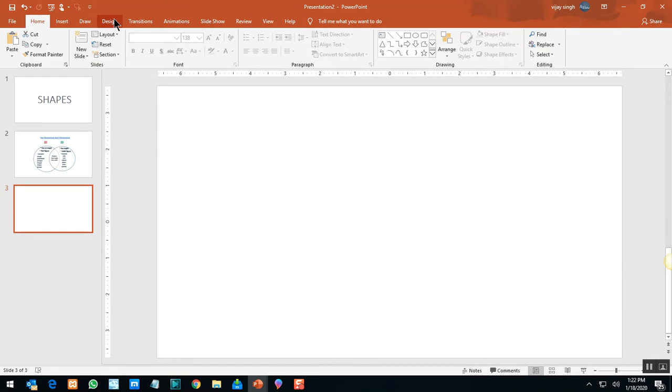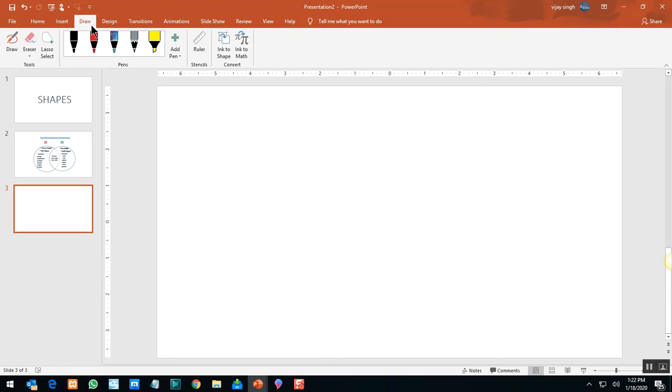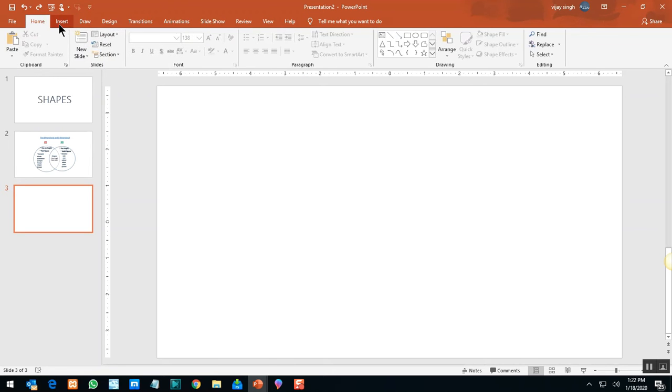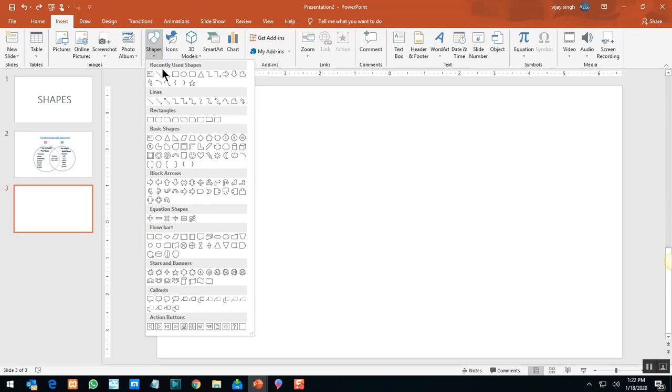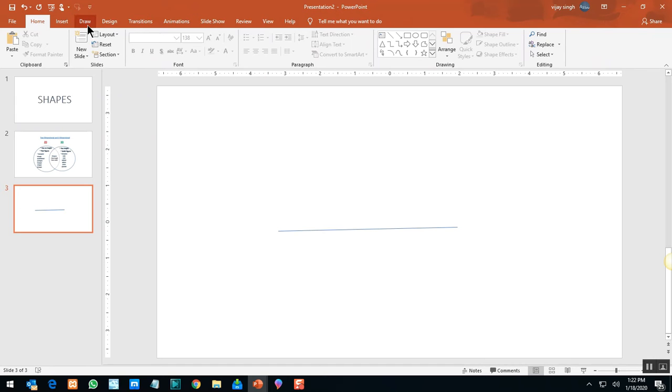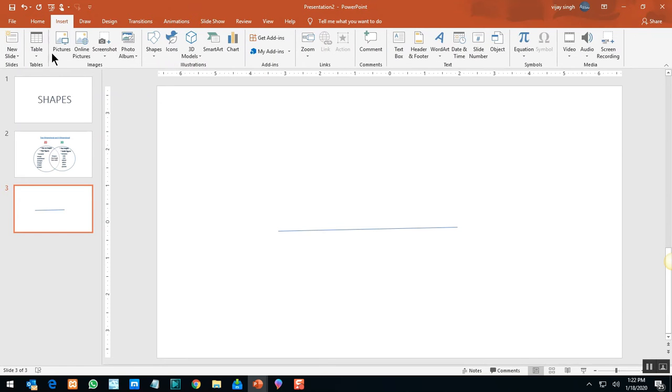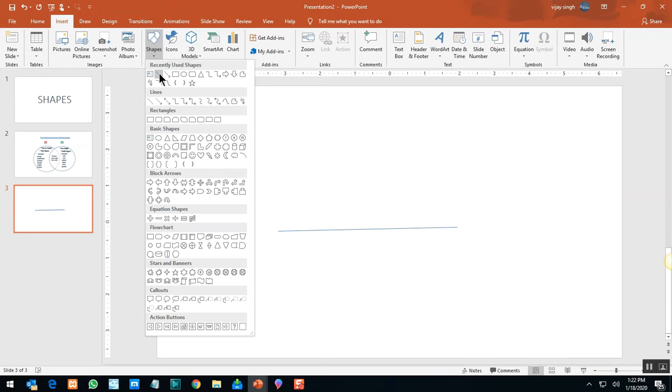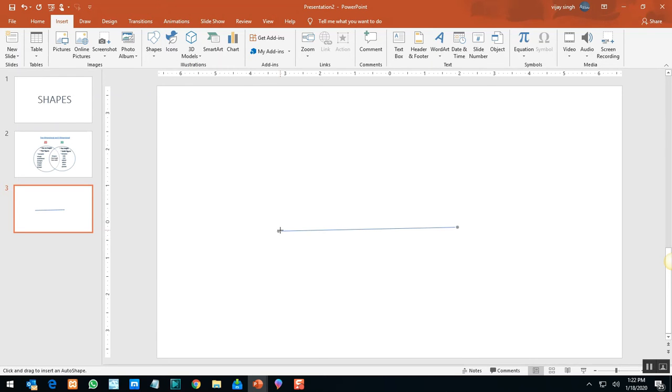So for example, let's draw some lines here. I'll go to shapes and try to draw some lines. This is one line, a straight one, and we'll draw one more line.